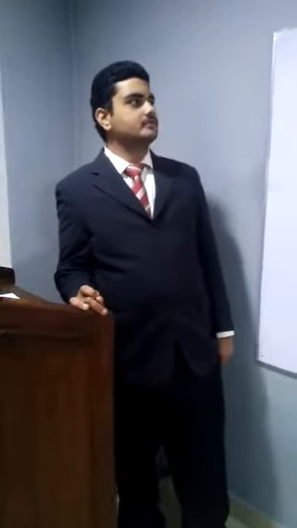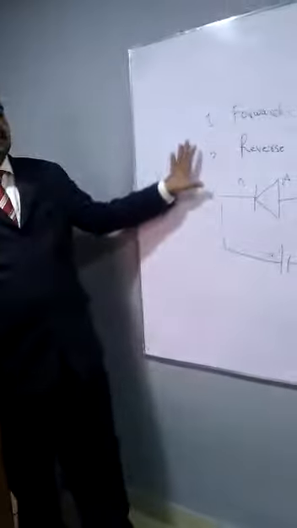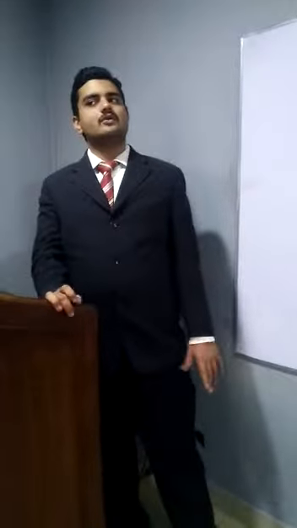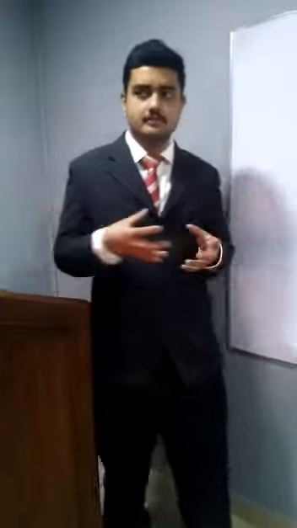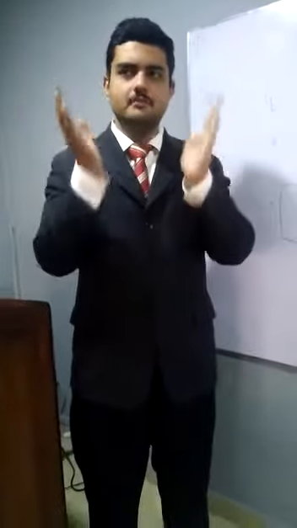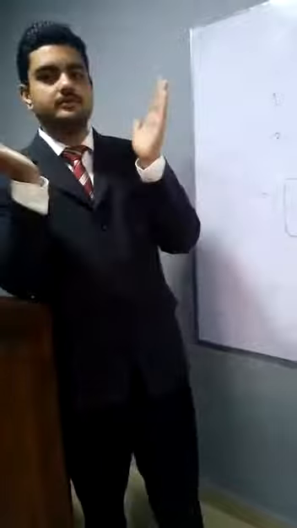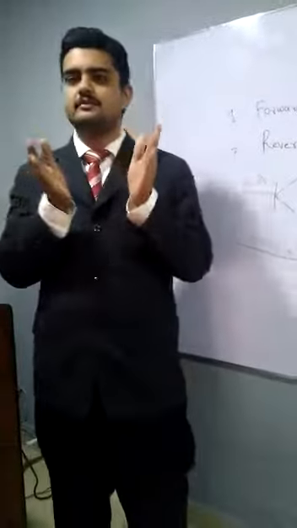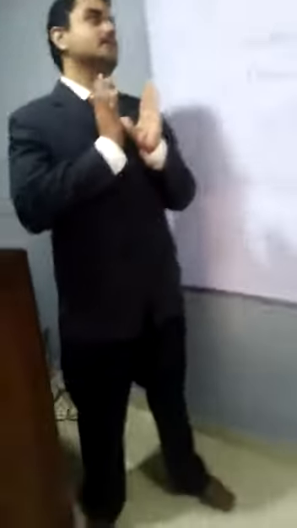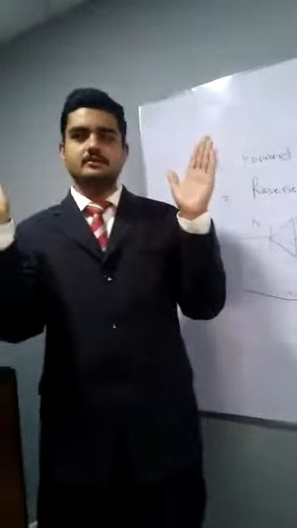Now I have discussed the diode. The summary of this lecture is: what is a diode? When P and N semiconductors are combined, a depletion region is formed between them, and that depletion region shrinks once we connect the diode in the forward bias direction, right? And if we connect the diode in the reverse bias direction, that depletion region increases, right?